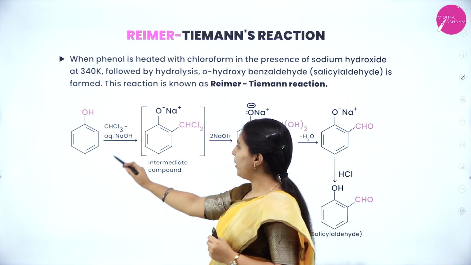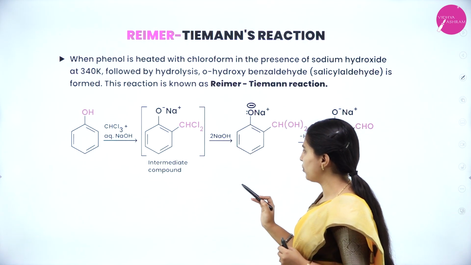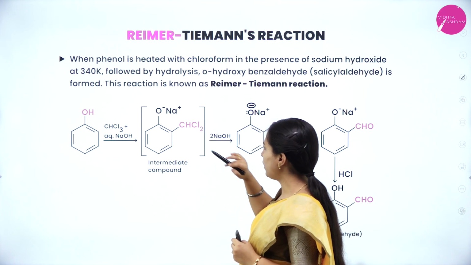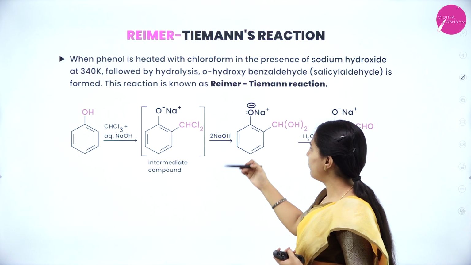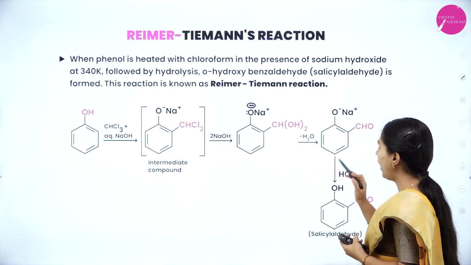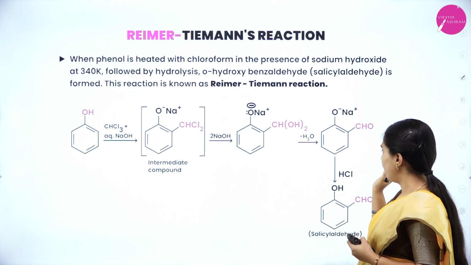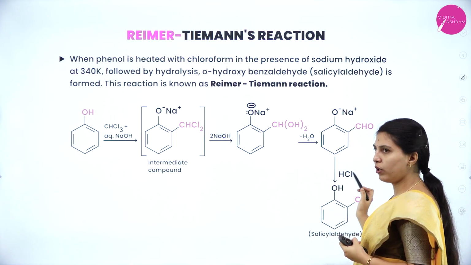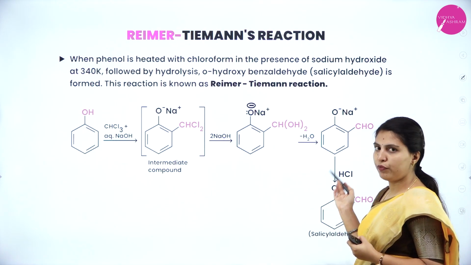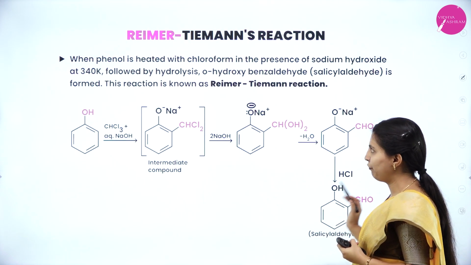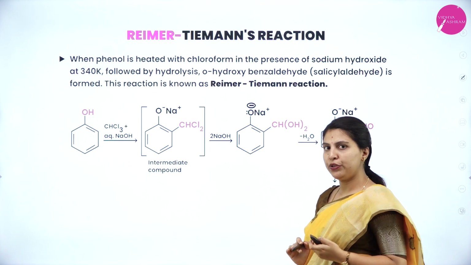See here, phenol reacted with chloroform plus aqueous sodium hydroxide solution forms an intermediate product, and that intermediate product will be unstable, and further it will react with sodium hydroxide, and in that, removal of a water molecule could be seen, and further it will be acidified with hydrochloric acid. There it will form salicylaldehyde. From phenol, aldehyde can be formed. In Kolbe's reaction, from phenol, salicylic acid can be formed.